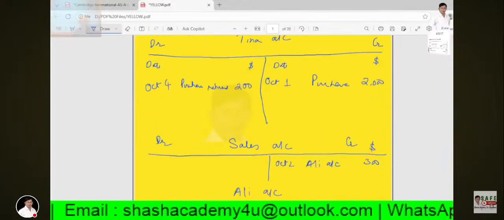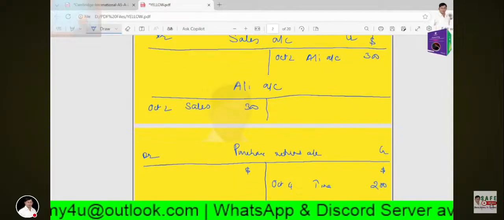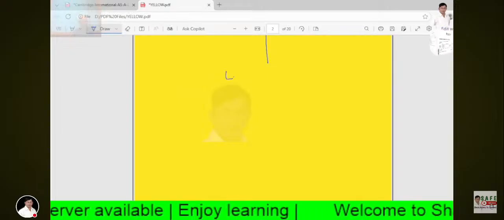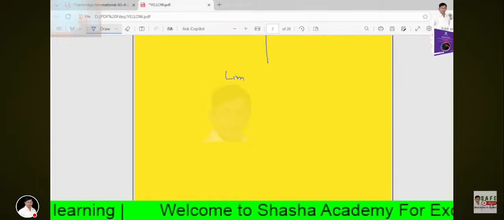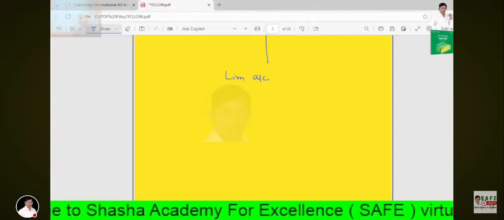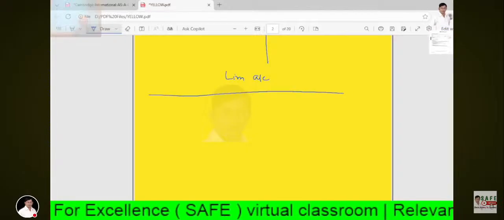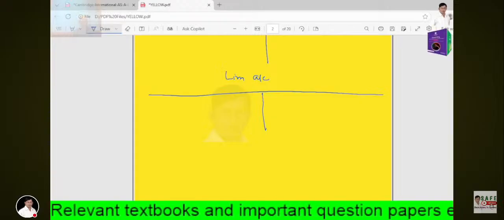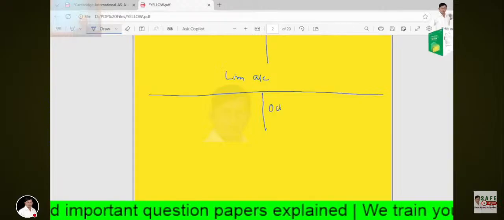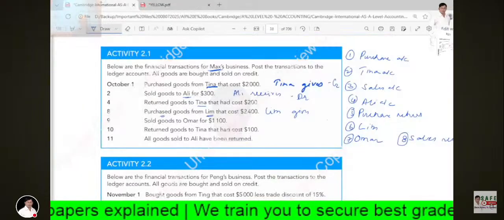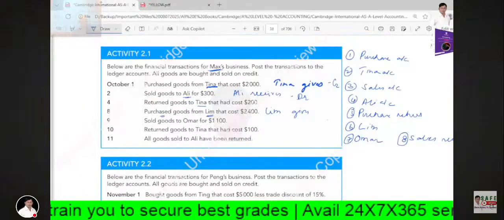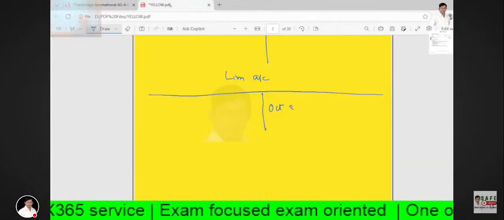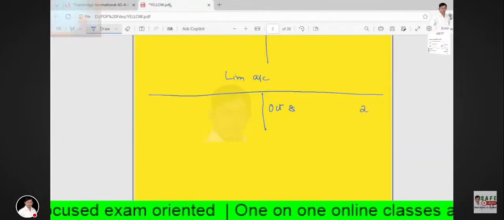It is the Lim account. You have to prepare the Lim account. So October, 2400.